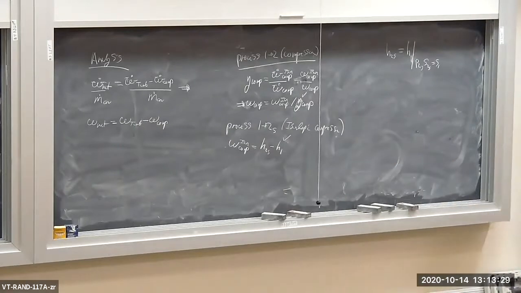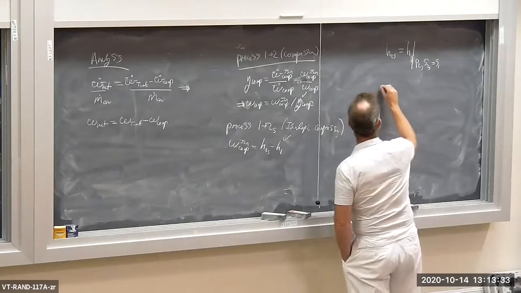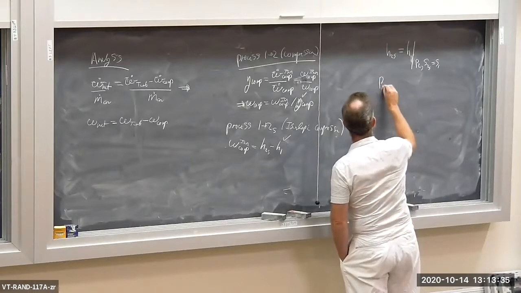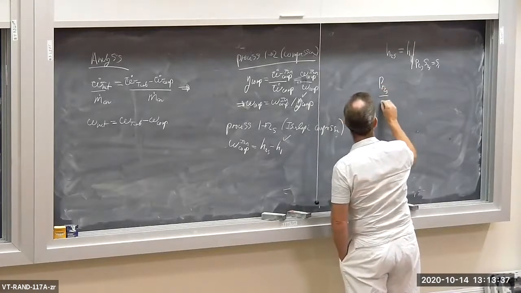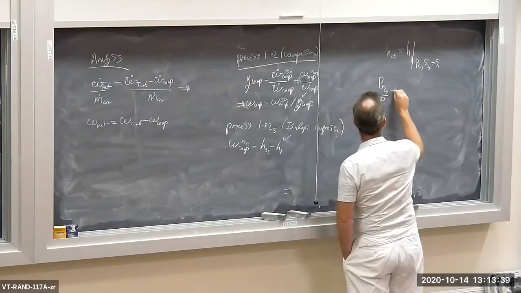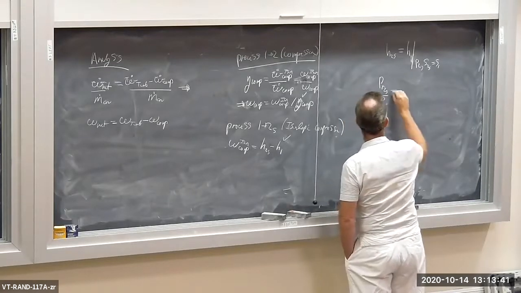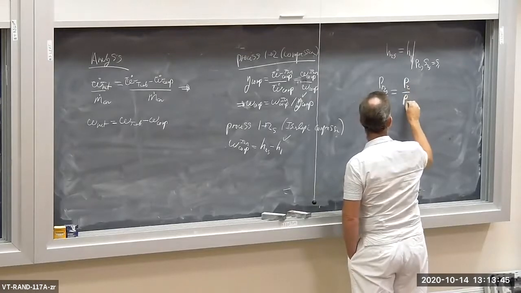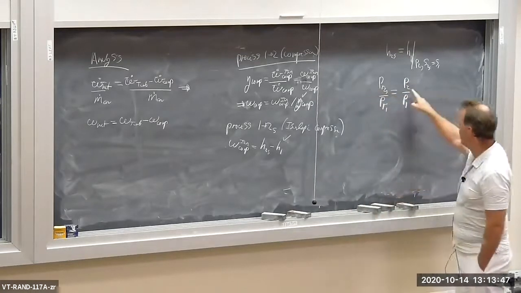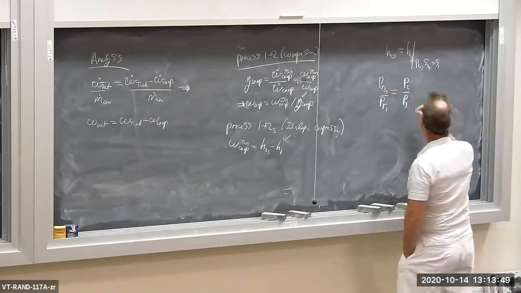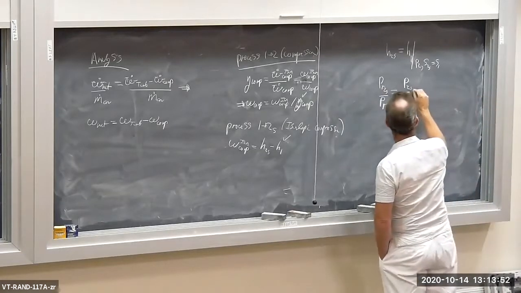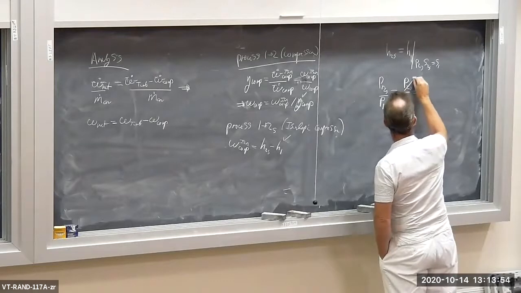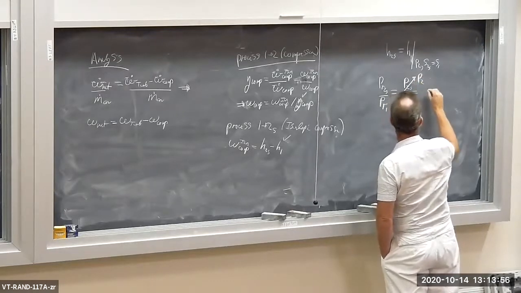Well, if this is an isentropic compression process, then it means that PR2 sub S over PR1 is equal to P2 over P1. If you want to be cranky here, I can do a P2 sub S, but P2 sub S is just the maximum pressure P2.